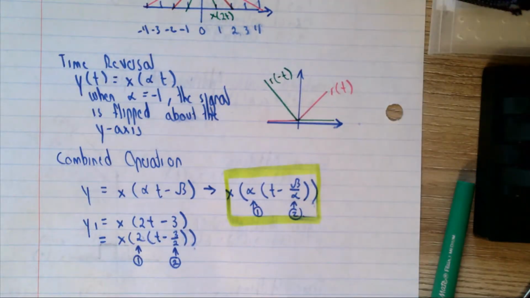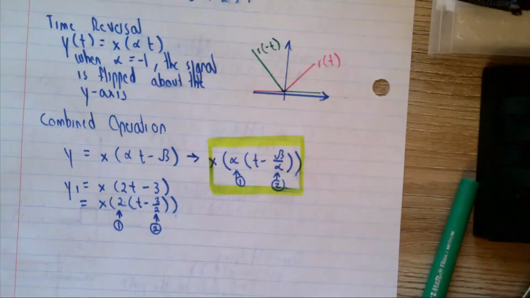And now that we have covered that, let's go on to an example here where we might see it. Let me just use one example where you have to do a combined operation of the signals.